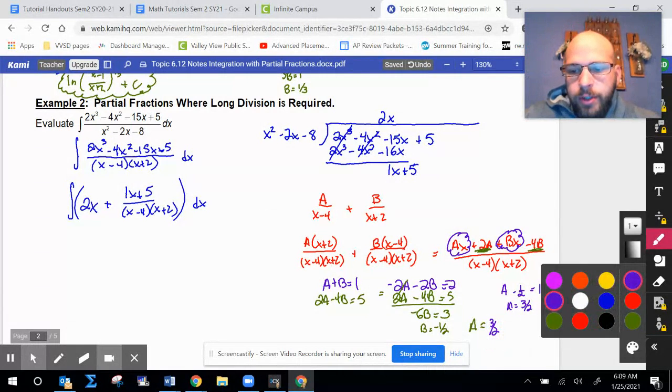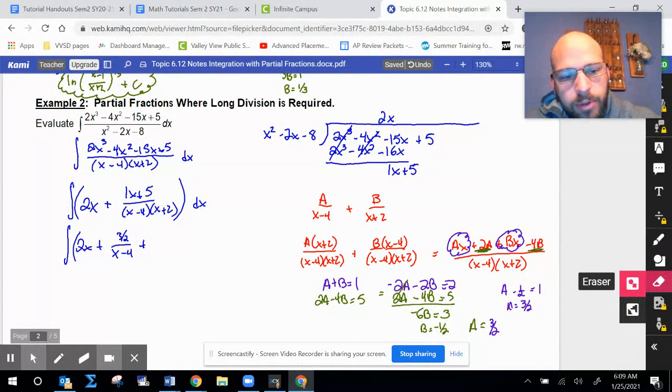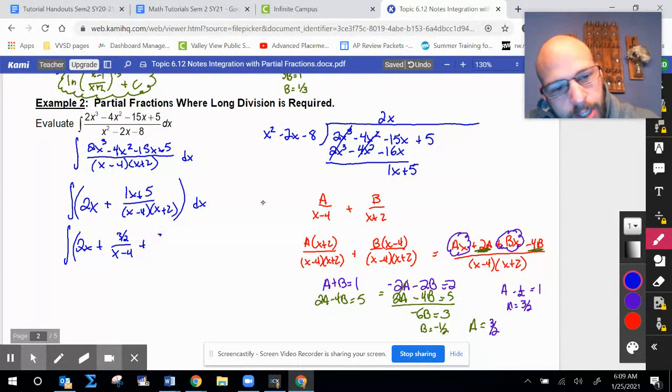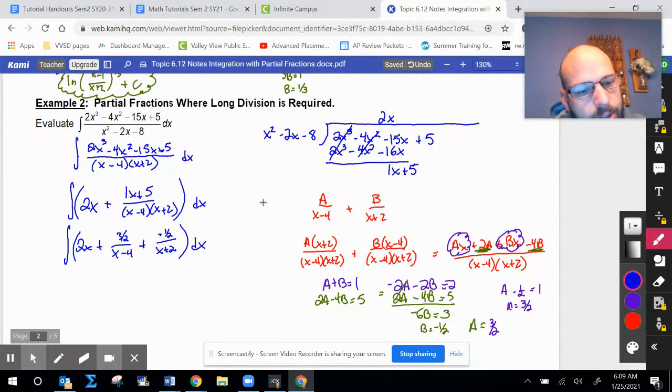So if I write this integral, I can now say I have 2x plus my a, which is 3 over 2, over x minus 4, plus my b, well, in this case it'll be minus, but we'll just keep it a plus, that's fine, negative 1/2 over x plus 2, dx. Now I can integrate each of these terms.